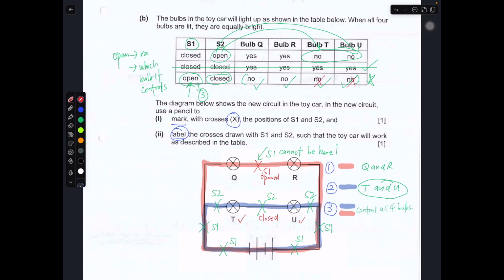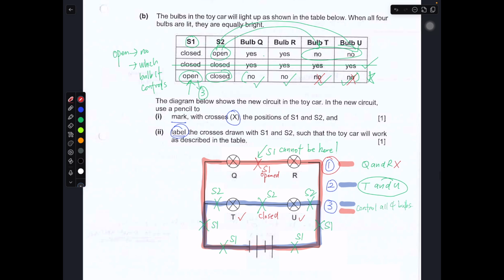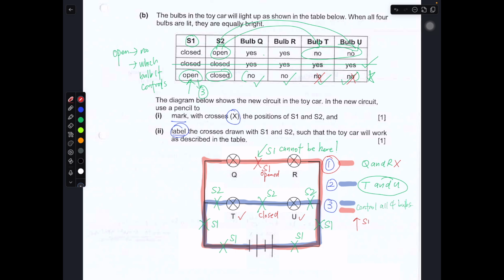They do not light up. So S1 cannot be in the number 1 path. S1 must be in the number 3 path, which is the one that I showed in the highlighted position, here to here. This is S1 and this is S2. So over here, this is the correct answer.